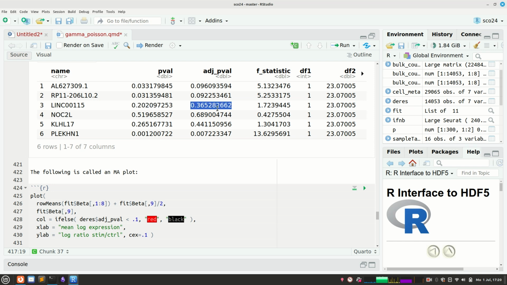And I can interpret this number as saying, if I were to cut my list into significant and not significant and put the cut point exactly here, then this would be the false discovery rate. And hence, I just say I want a false discovery rate of 10%, so I keep all the genes where this value is below 10%.